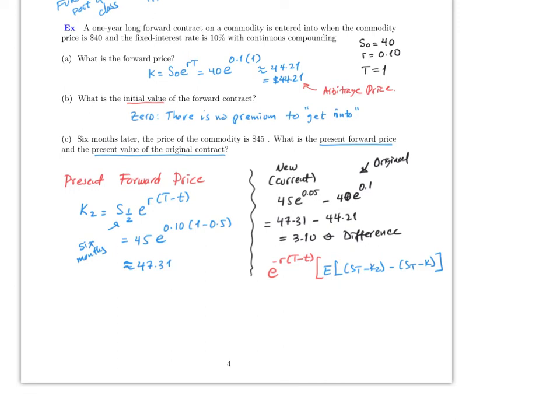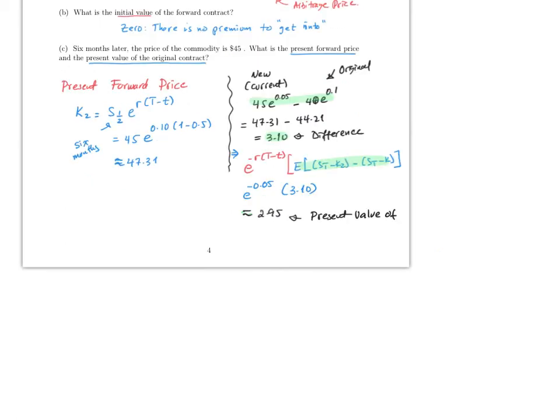So therefore, this will equal e to the minus 0.05 times 3.10. Again, same thing as this, and this equals 2.95. So this will be the present value of the original one.